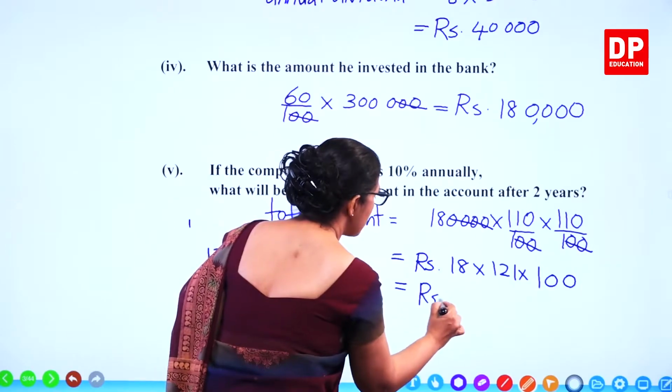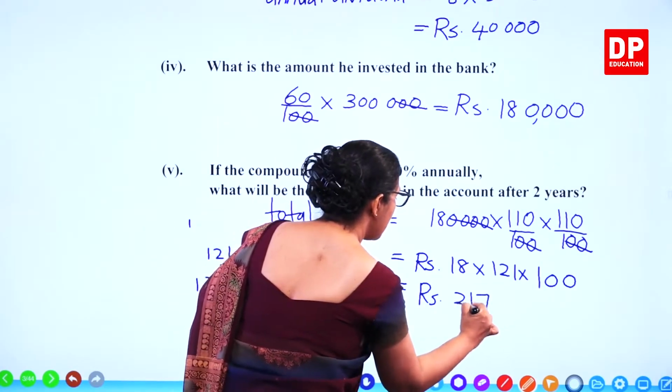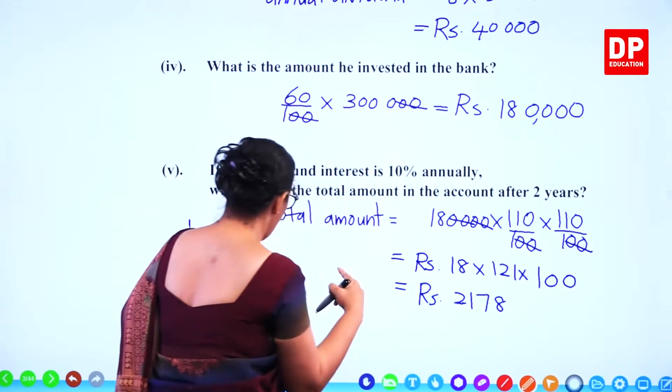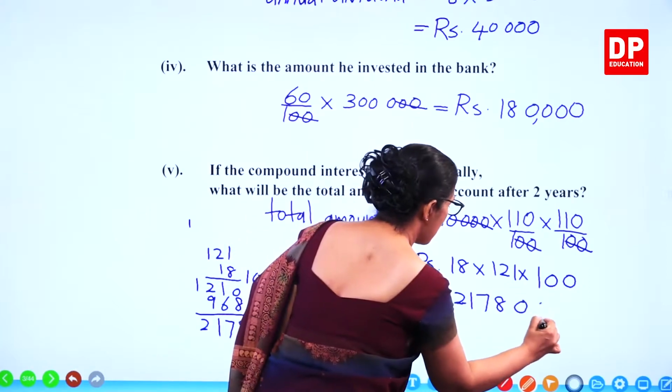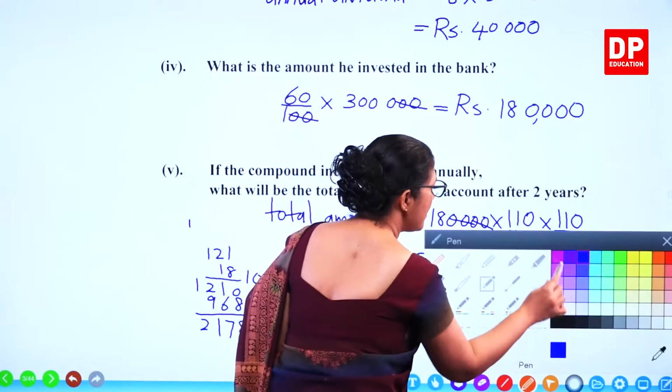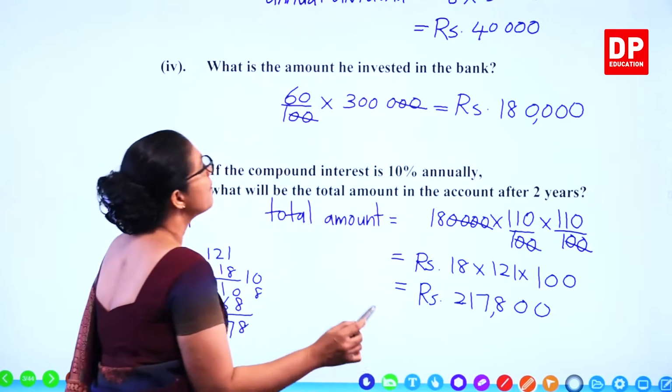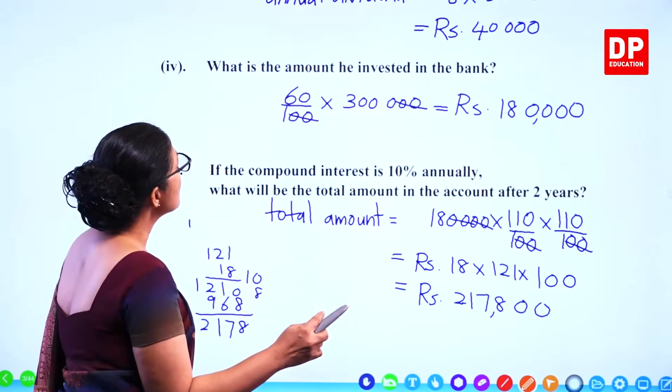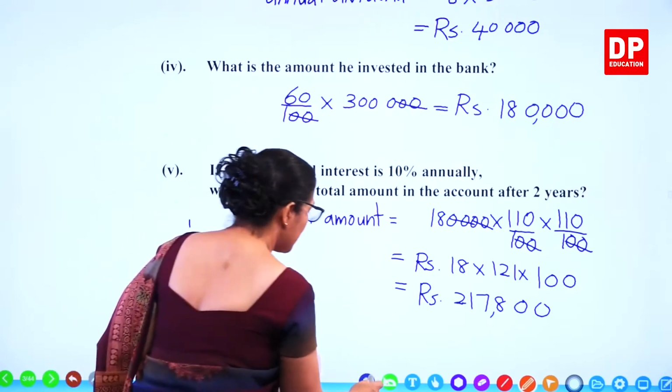So you get 2178, 0, 0. 217,800 rupees. So let's see how many marks for these 3 steps.